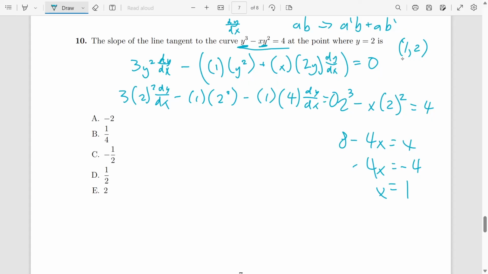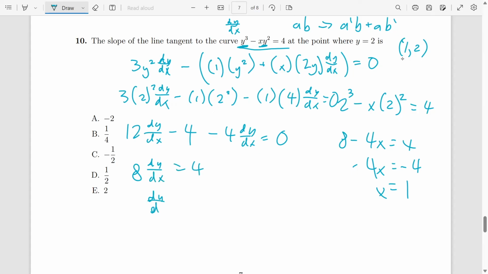So looking back at the left, this is 3 times 4, which is 12 dy over dx minus 4 minus 2 squared, and then minus 4 dy over dx equals 0. Rearrange some terms. This becomes 8 dy over dx equals 4. So dy over dx equals 1/2, d.